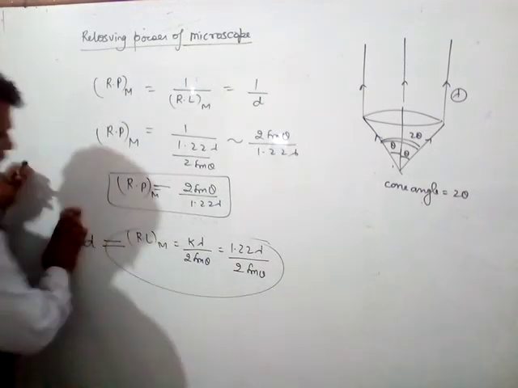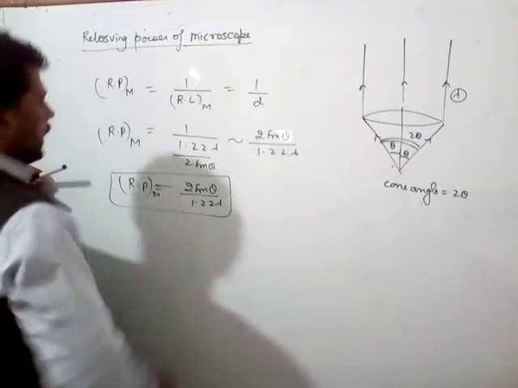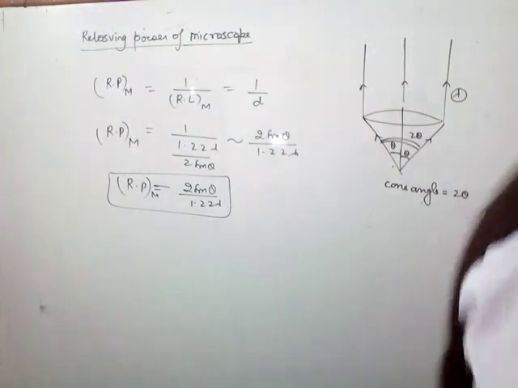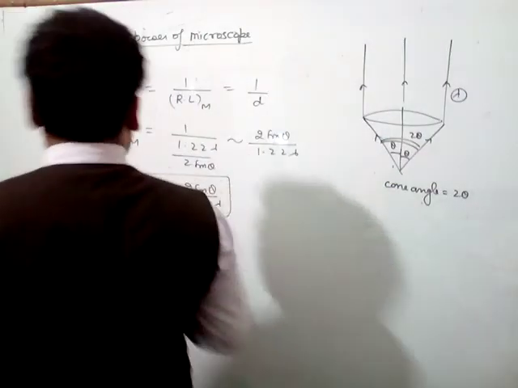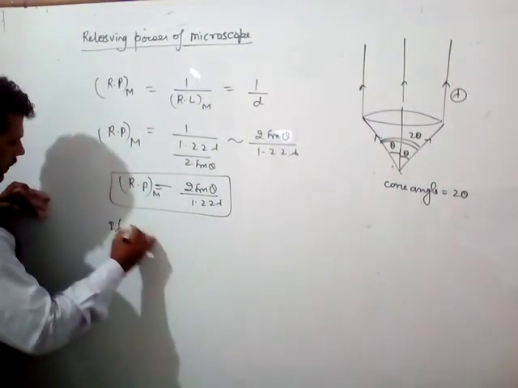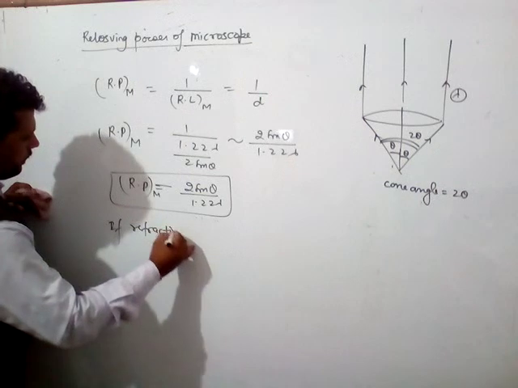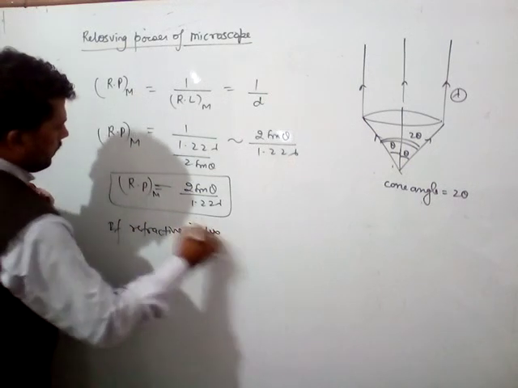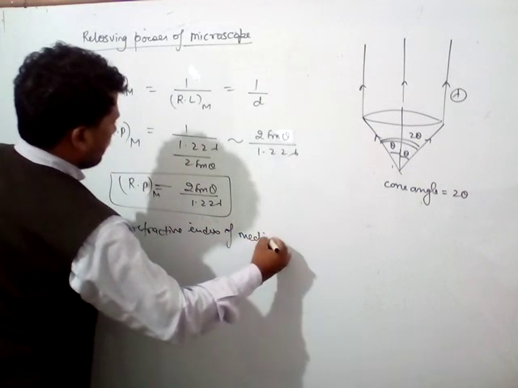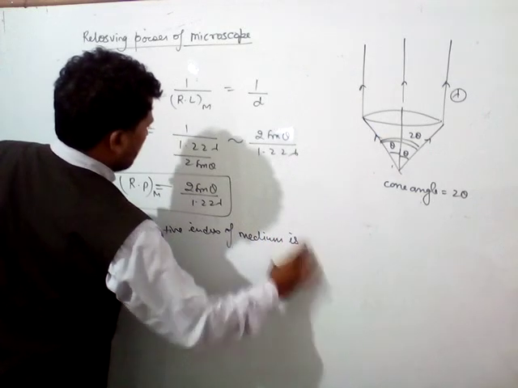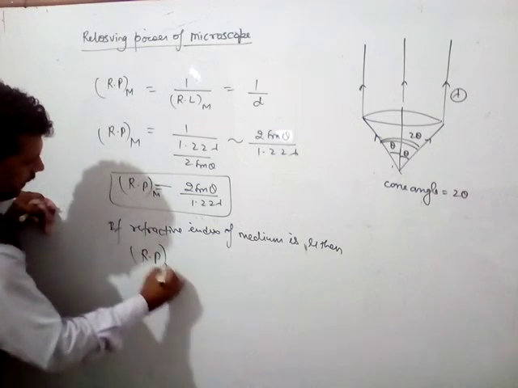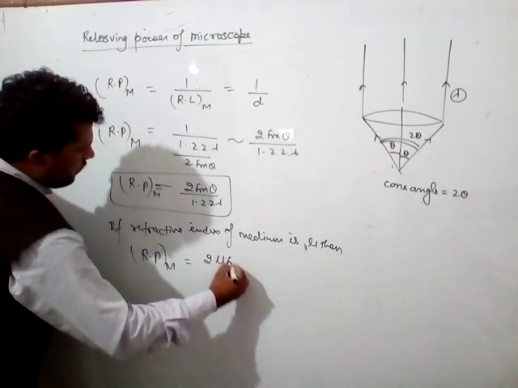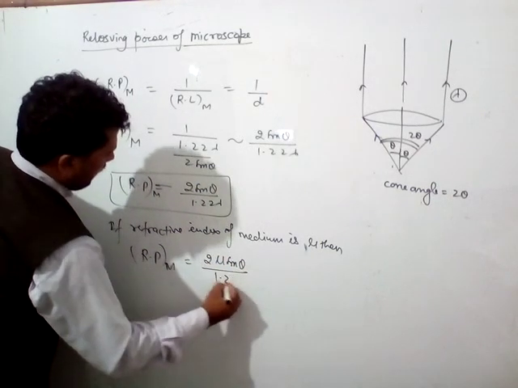And if the refractive index of the medium is mu, then it is written as RP of microscope equals 2 mu sin theta upon 1.22 lambda.